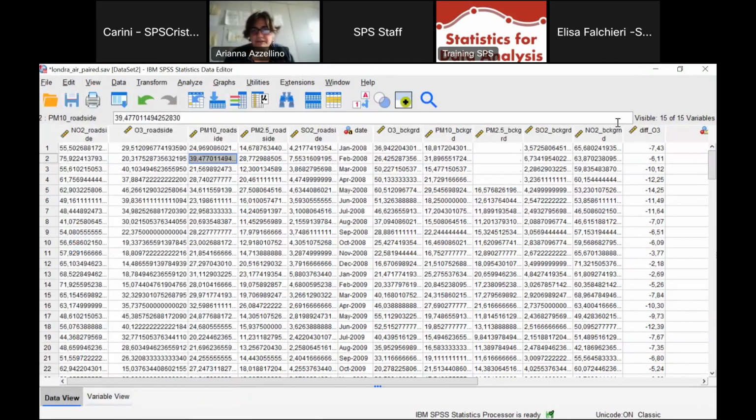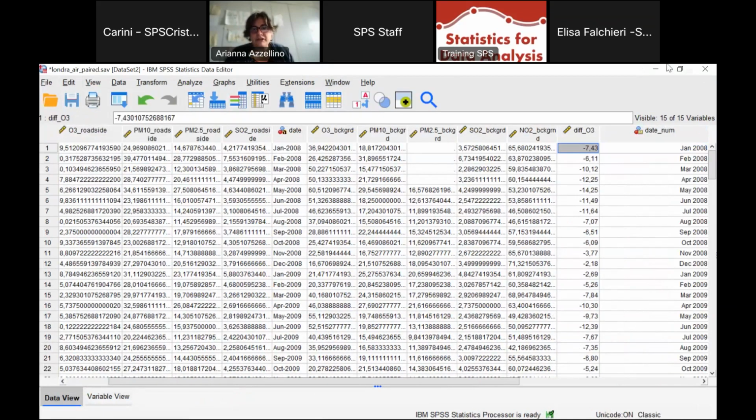Here in this part of the table, I have already calculated the difference between the value of ozone measured at the two types of station, and I will compare the mean of this difference towards 0.